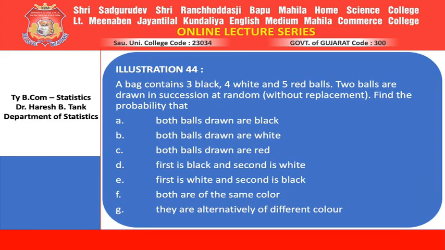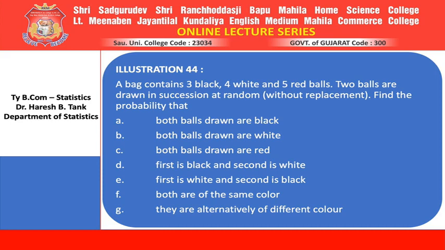Next example. A bag contains 3 black, 4 white and 5 red balls. 2 balls are drawn in succession at random without replacement. Succession means one after another. Without replacement means naturally it is dependent.